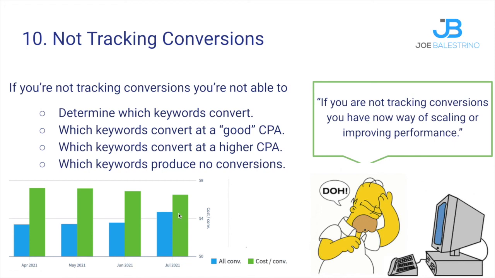And I didn't diminish the quality of the leads. The leads were still pretty good. It's just that over time, I was able to increase the amount of conversions and lower the cost, because I was able to see all these metrics.